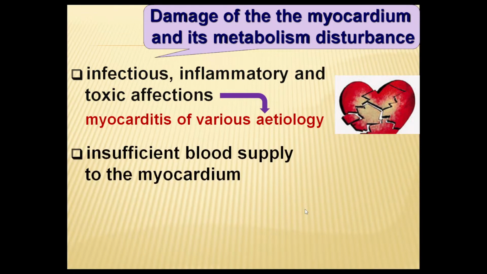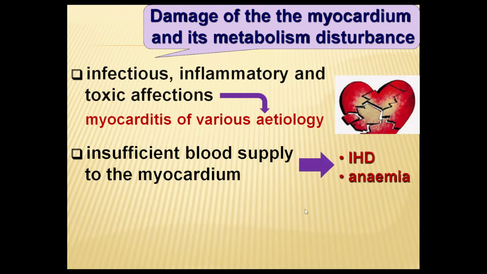We spoke about definite activity of the heart. It is possible due to adequate blood supply. Insufficiency of blood supply to the myocardium is accompanied by a dystrophic process in it.